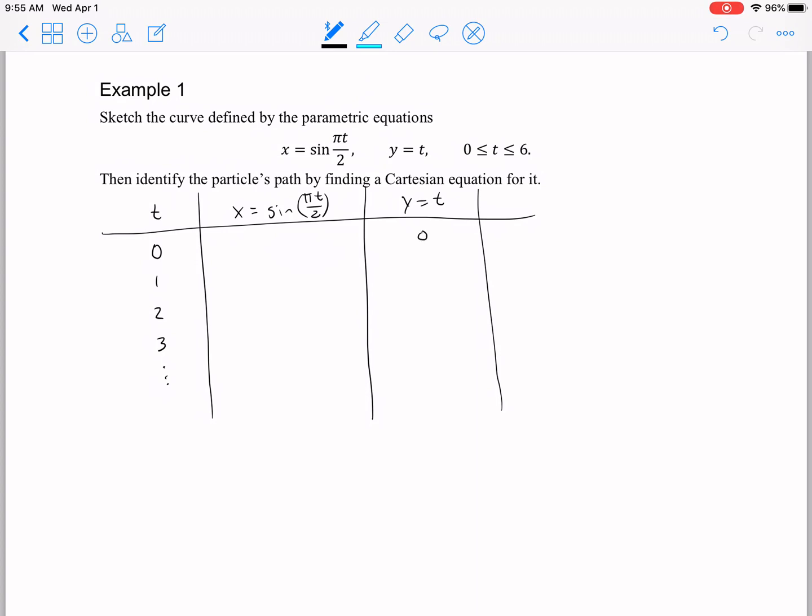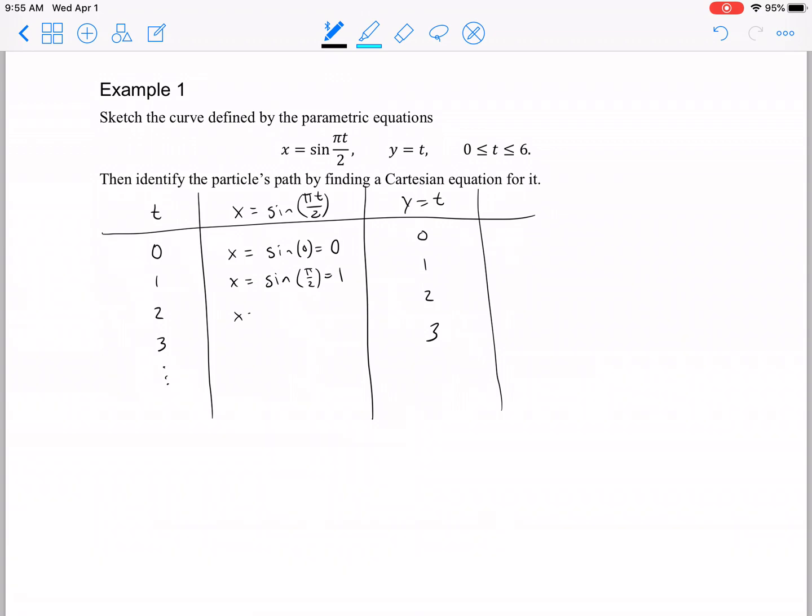So doing the y's is going to be pretty simple. They're just going to mirror over 1, 2, 3. And then for the x values, we have to actually plug these in. So the first one's going to be x equals sine of 0, because we plug in 0 for t, it all becomes 0. And the sine of 0 is 0. The next one is x equals the sine of pi over 2, which is just going to be 1.